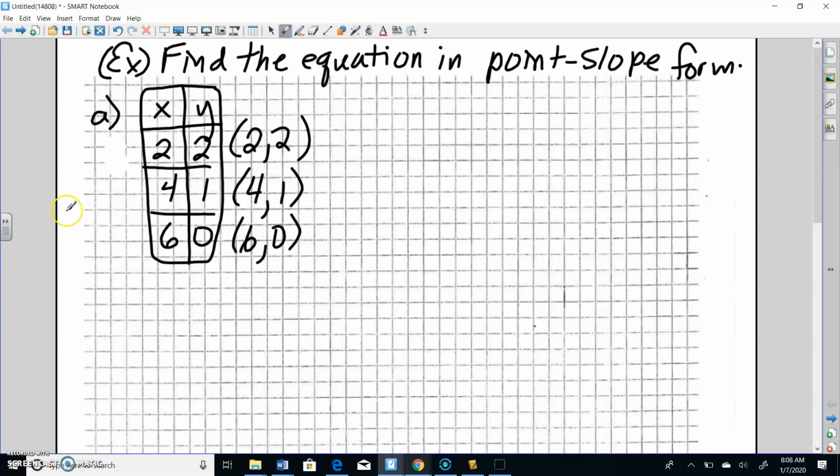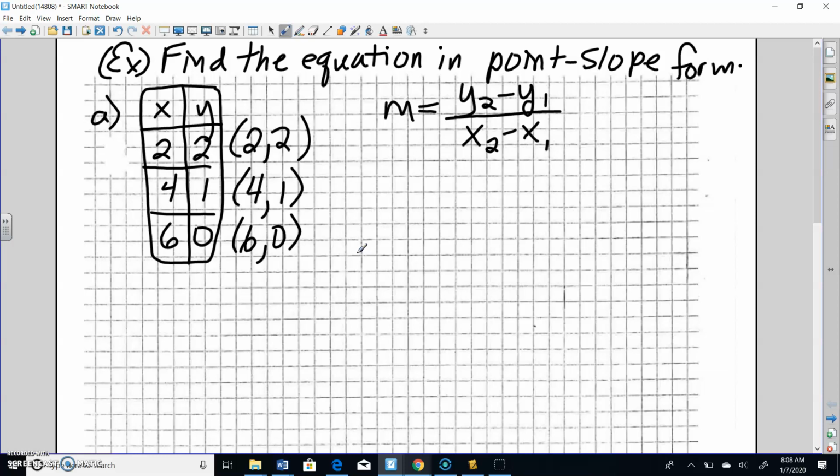So remember your slope form. Who can tell me what it is? Good. y2 minus y1 over x2 minus x1. So we have 3 points. You get to pick 2 of those 3 points to work with as your x1, y1, x2, y2.